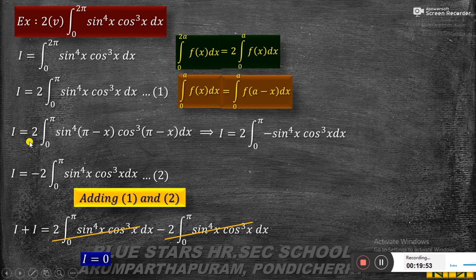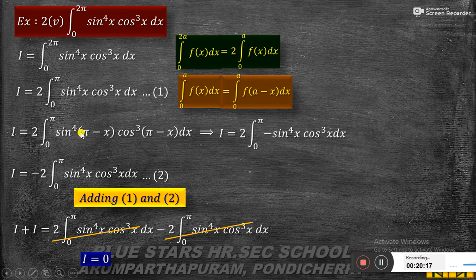Now the next step, I equals 2 into the integral from 0 to pi of sin power 4 of pi minus x, cos power 3 of pi minus x, dx. Here the integral from 0 to a of f of x dx equals the integral from 0 to a of f of a minus x dx. That means in f of x I take a minus x, where a means the upper limit. Here the upper limit is pi, so I substitute x equal to pi minus x.